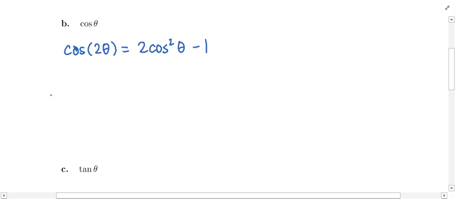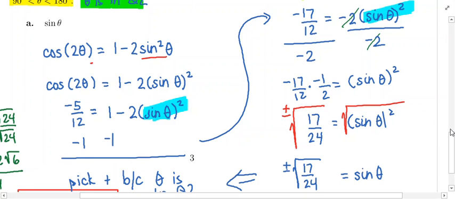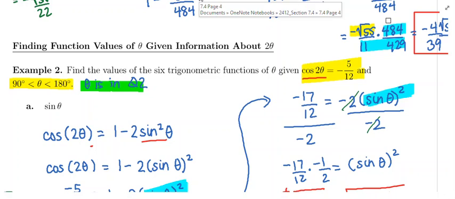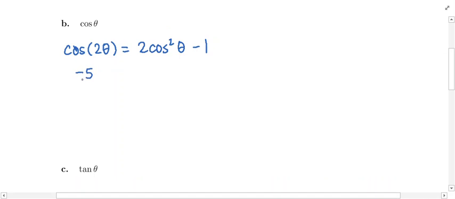All right, so we can go ahead and plug in for the cosine of 2 theta that was given to us. That's one of those quantities in yellow. The cosine of 2 theta is equal to negative 5/12. That's going to be the left side. This has got to equal 2 times the cosine of theta squared minus 1.